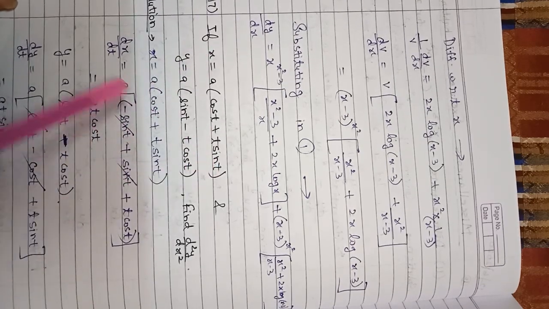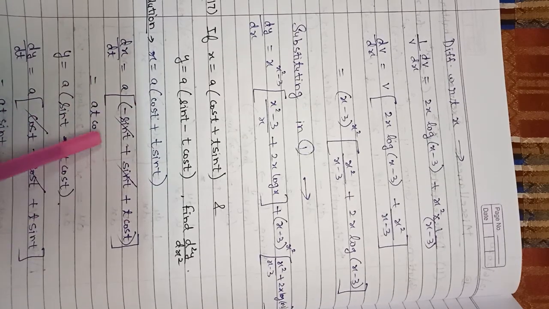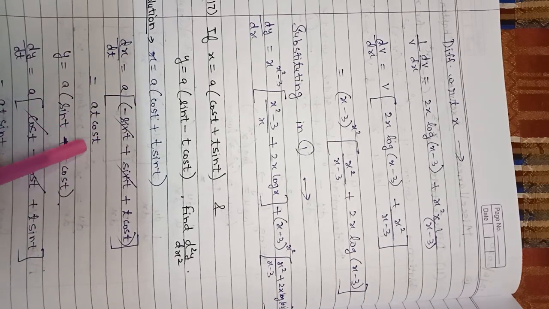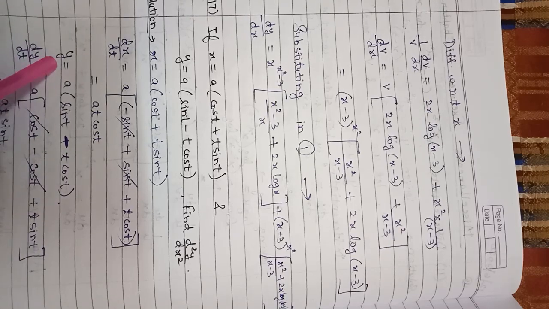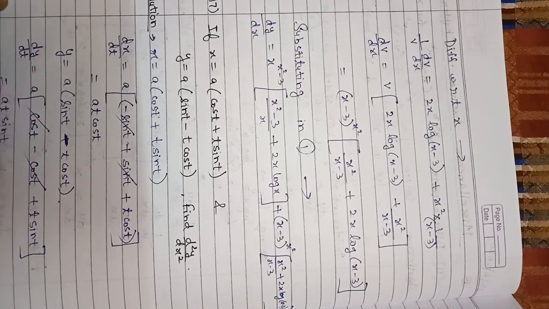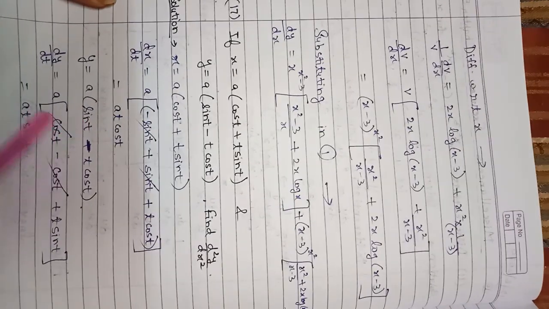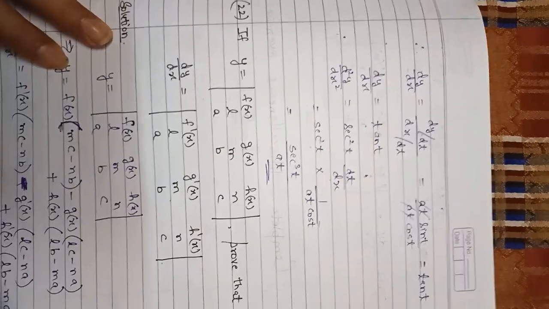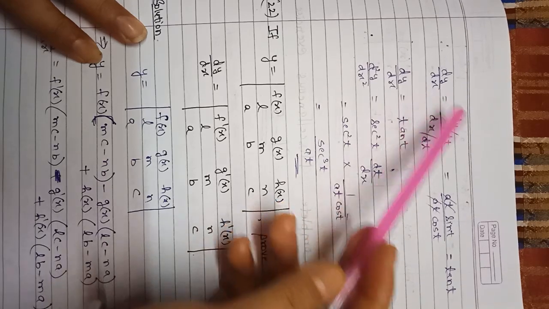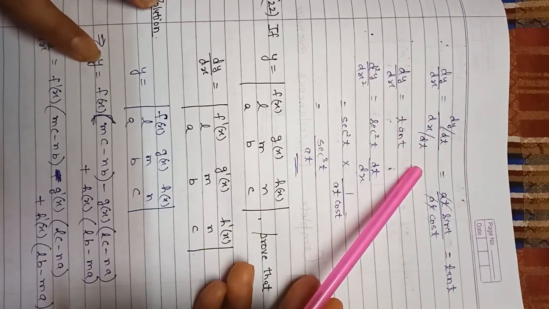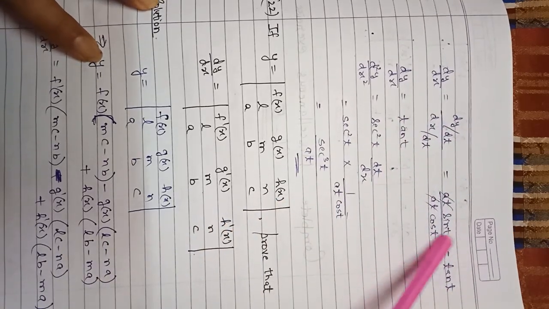Differentiating this x with respect to t, simple differentiation, and I am getting here a cos t. Similarly for y, dy by dt, I am getting a sin t. And after dividing, I am getting dy by dx is equal to dy by dt upon dx by dt, and I am left with only tan t over here.